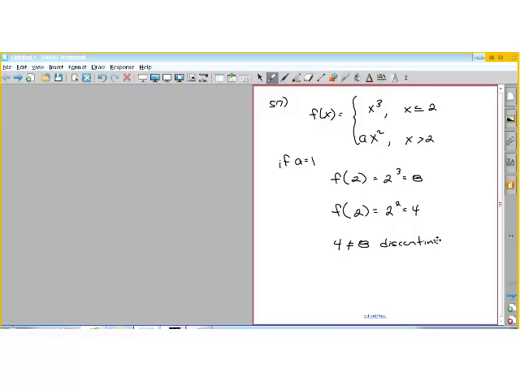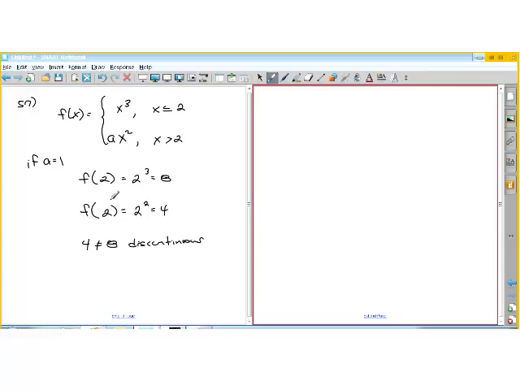So you can hopefully see that to choose a correctly, we have to make these equal. So we would say 2 cubed has to equal a times 2 squared. The left-hand side is the first function, and the right is ax squared.